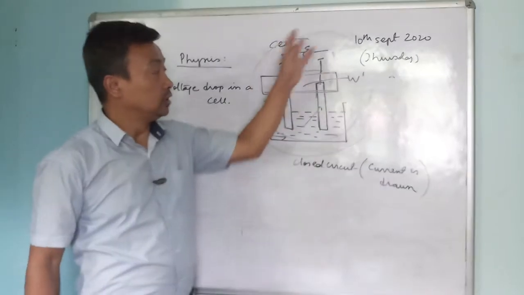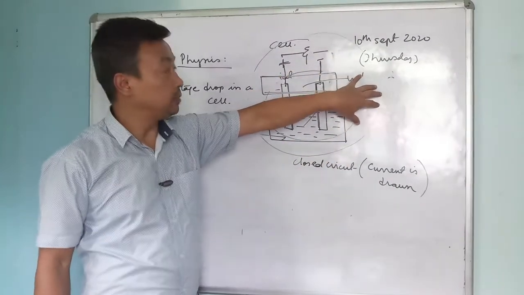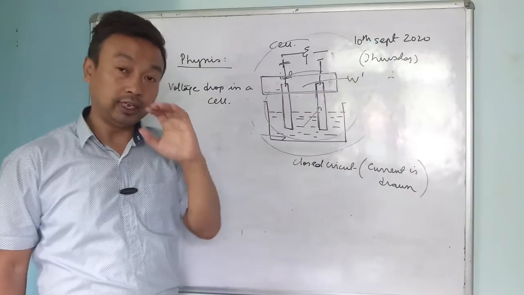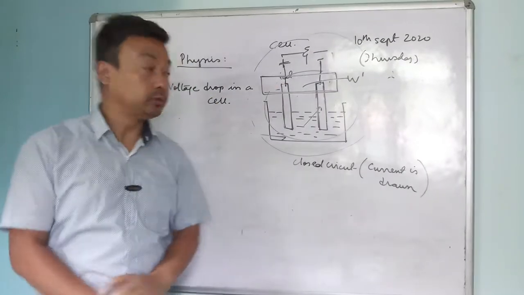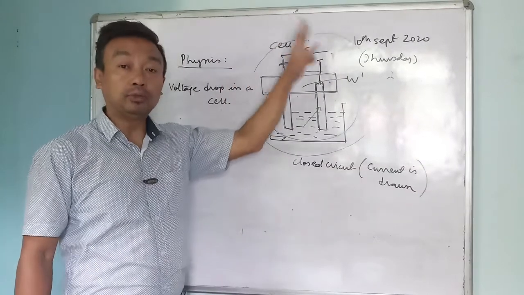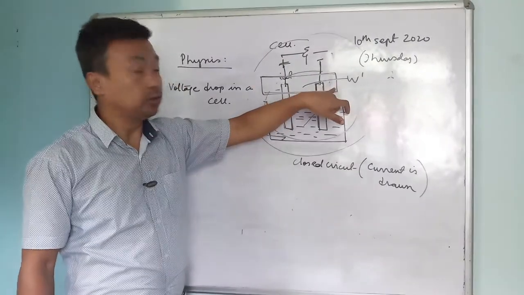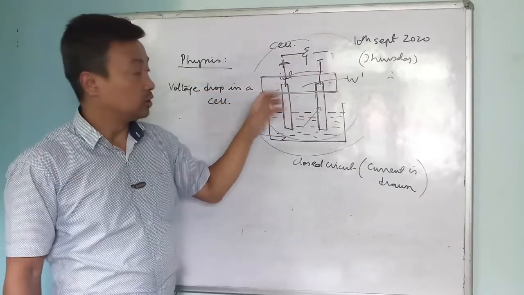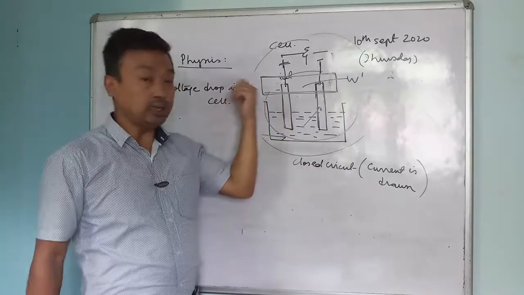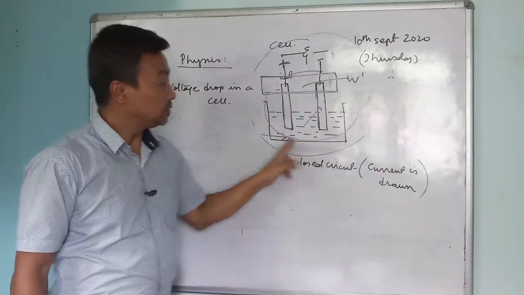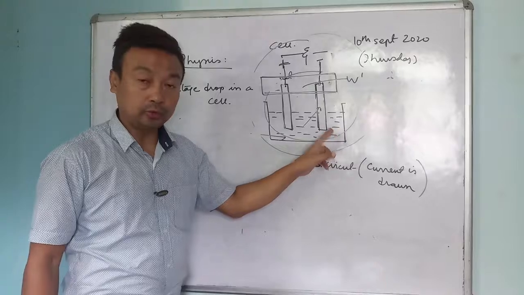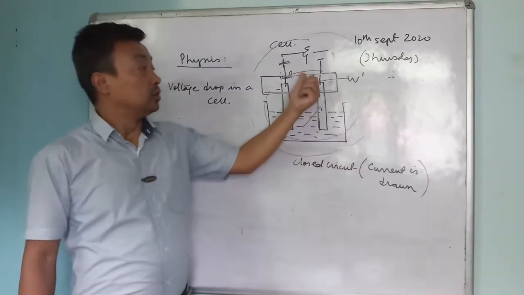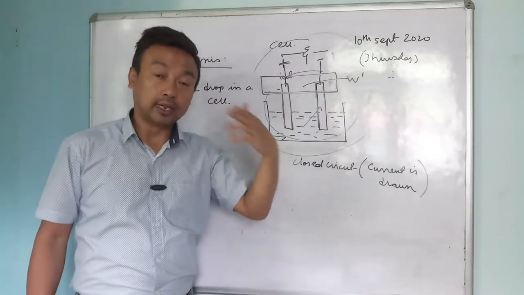When you take the first one, that is EMF, and the second one, that is the terminal voltage, obviously EMF is more than the terminal voltage, because EMF is for the entire complete cell, whereas the terminal voltage is only for the external circuit. Therefore EMF is more. Now why is EMF more? Because there is the electrolyte present inside, and this electrolyte also has some potential difference. Due to that potential difference, the terminal voltage becomes less than the EMF.